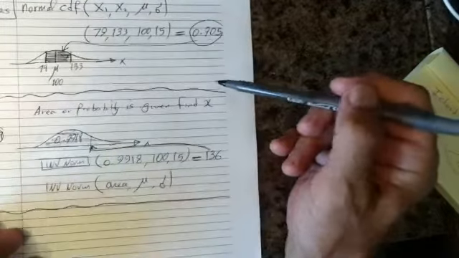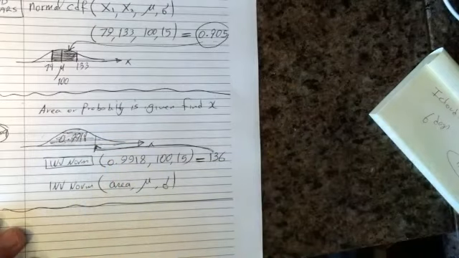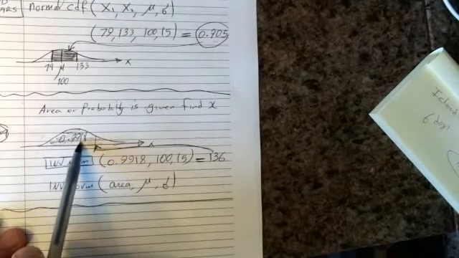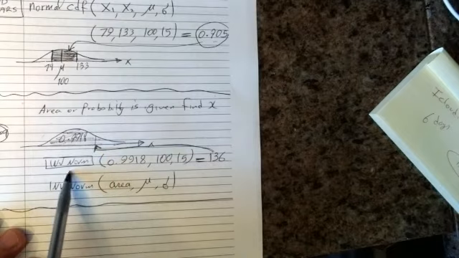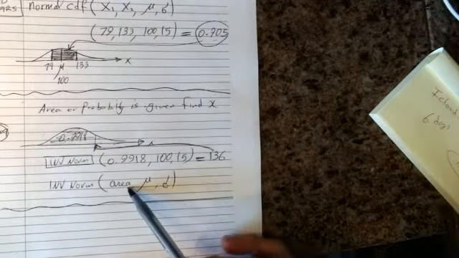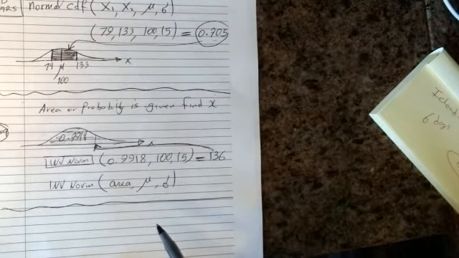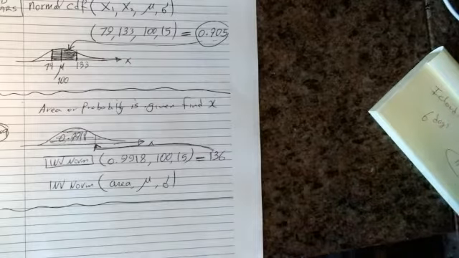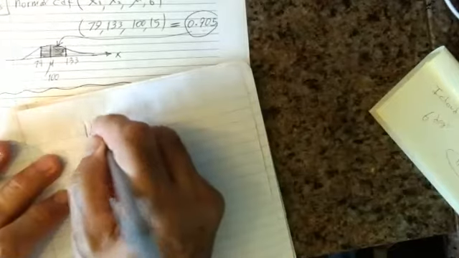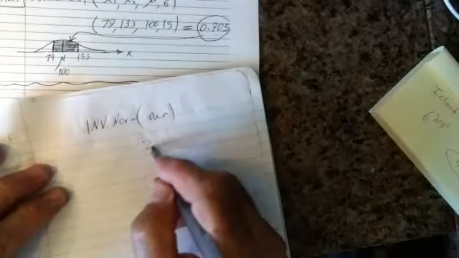Or again, if you have the area and you want to find your x, you could just put it into this formula. You put in the area, mean, and standard deviation. See, before, when we used the inverse norm, there was a formula for inverse norm. All we needed to do was put in the area, and the calculator would give you the z, right?